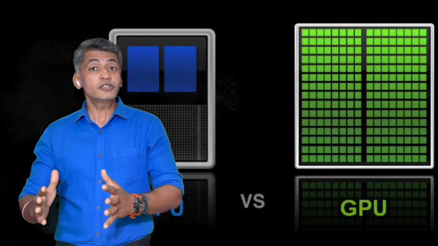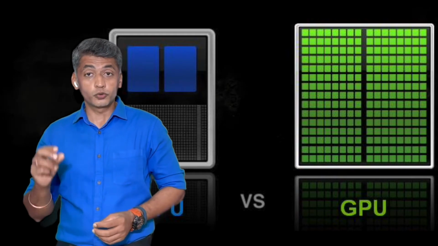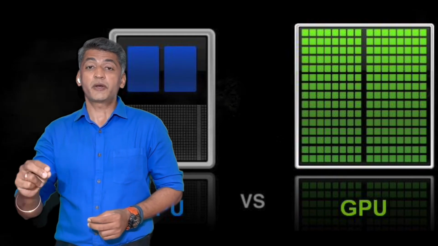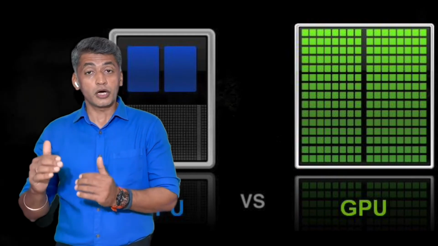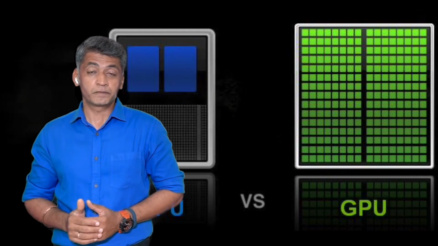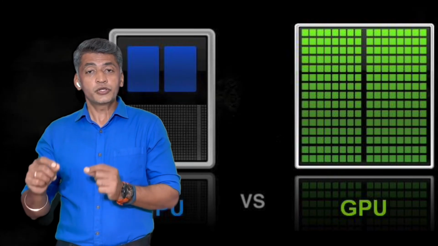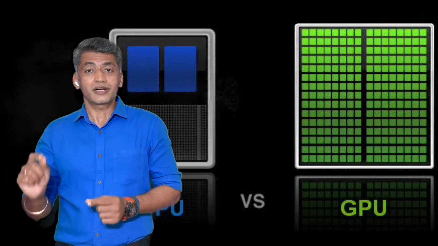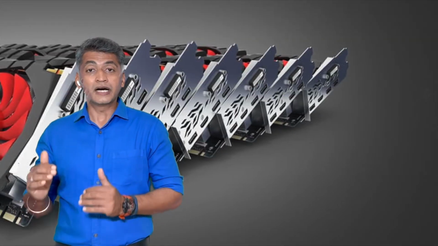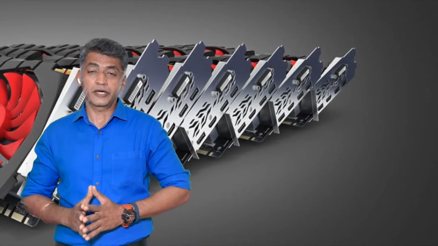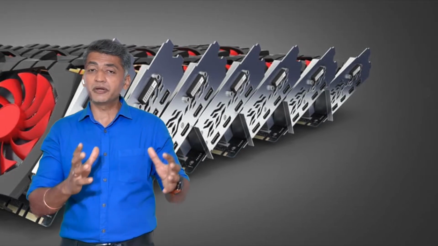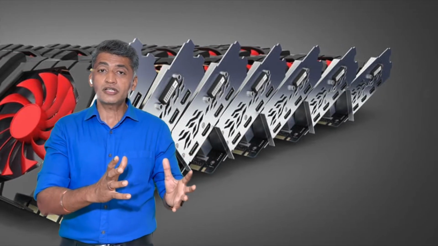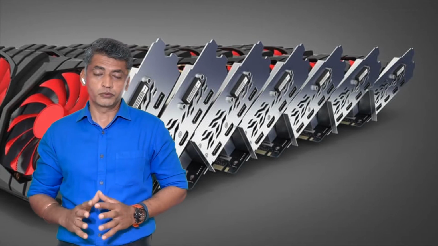It starts with 2000 small-size special cores, and 2000 to 5000 cores will be there. These are also considered ALUs, arithmetic and logical units. This is the major difference between your main processor and the co-processor.